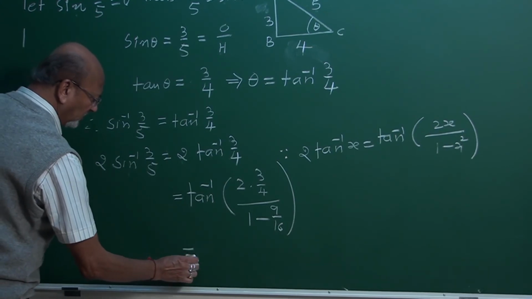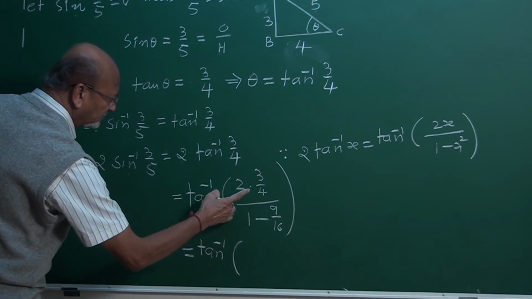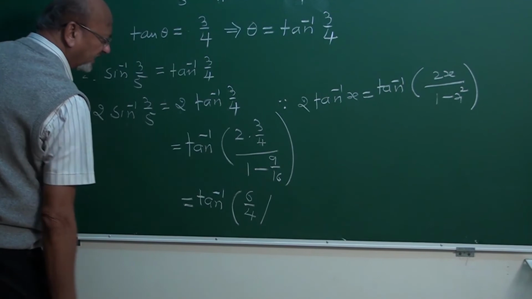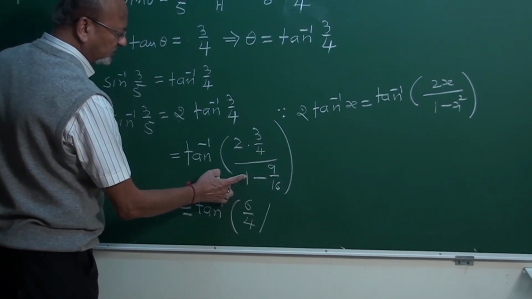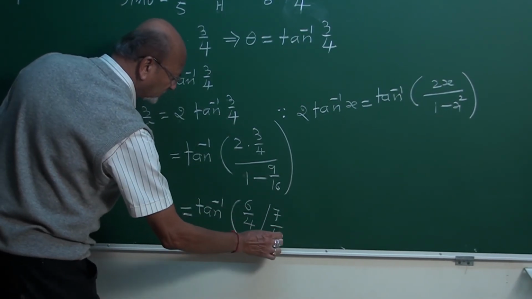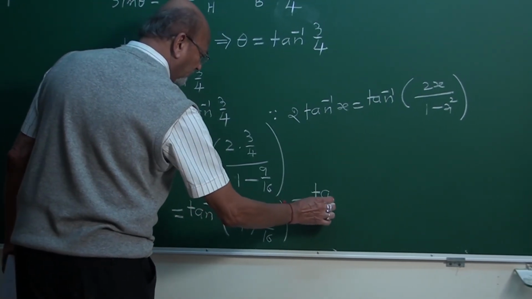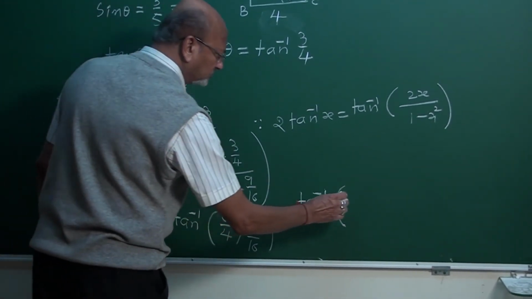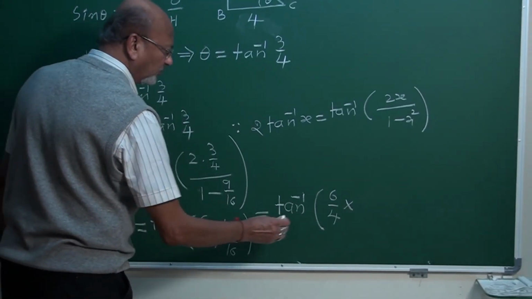Simplify this. It is tan inverse of 6 by 4 divided by 16 minus 9, 7 upon 16. Simplified, this is tan inverse of 6 by 4, reciprocal, 16 upon 7.